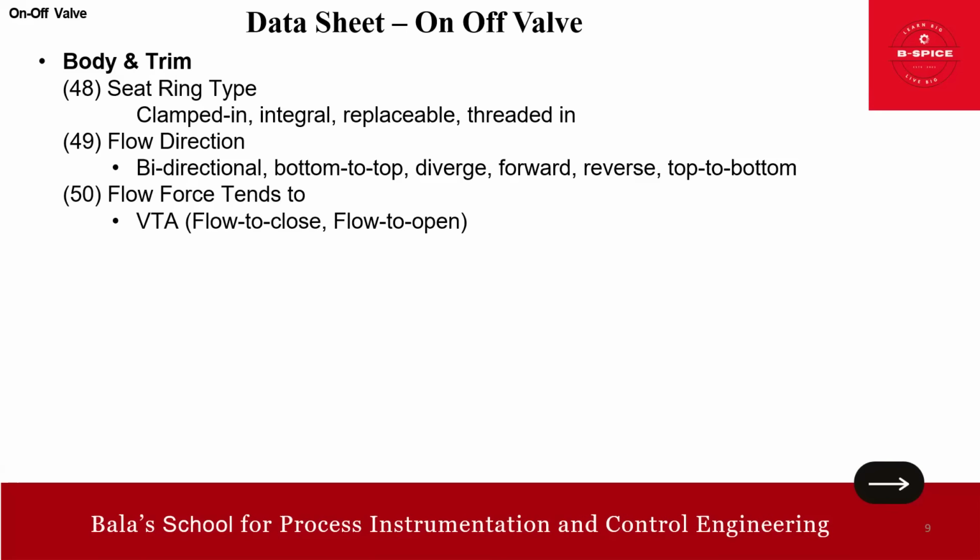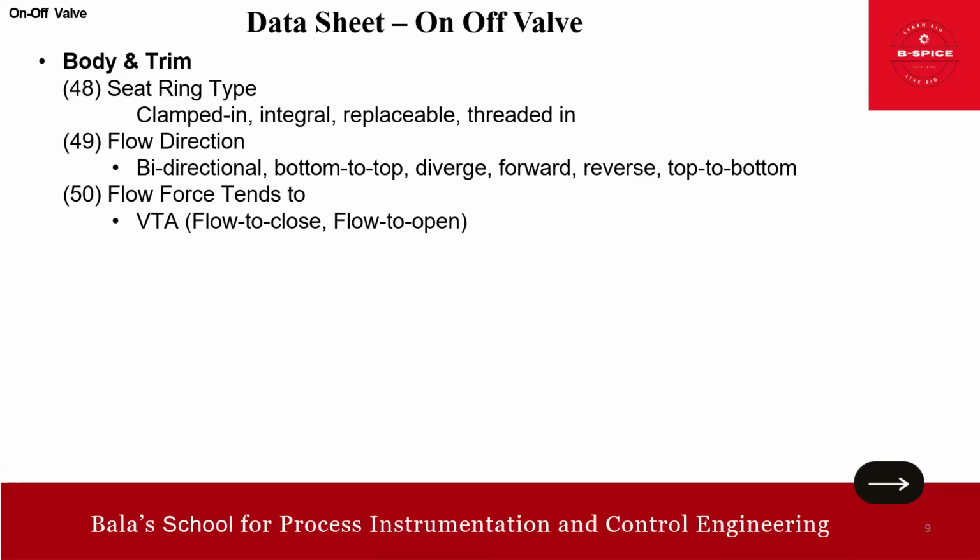So the point is, flow tend to close is fluid flowing over the plug, resulting in closing of the valve, and it's used for high pressure and high temperature application. Okay, friends. So what is flow tend to open?